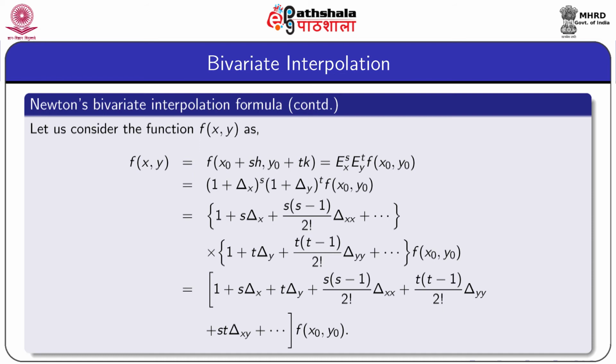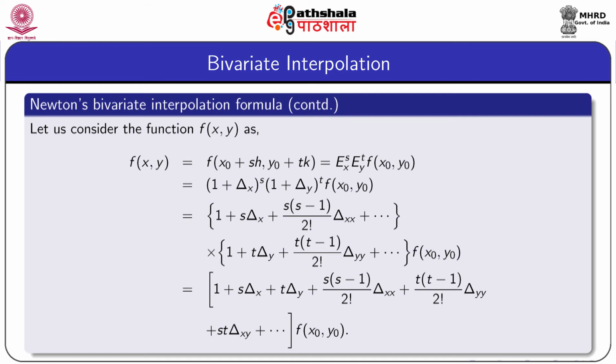Ex^s and Ey^t are the shift operators with respect to x and with respect to y respectively. Again, we know that Ex is equivalent to 1 plus delta x. So, this expression reduces to 1 plus delta x power s of 1 plus delta y power t of f of x0, y0.